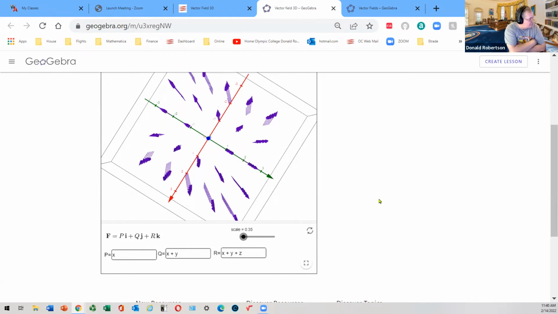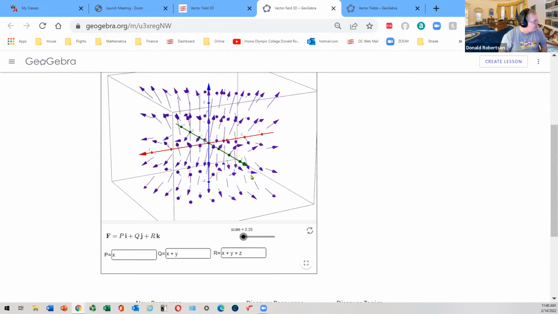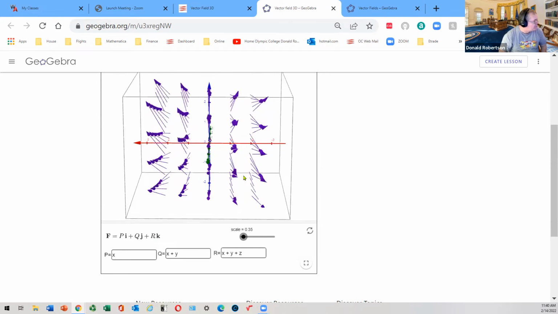Isn't there a kind of turning motion going on? Can you see the vectors keep going in a kind of anti-clockwise direction? That's kind of interesting. If you look at it face on, you see there's a kind of going from left to right, branching away from you.